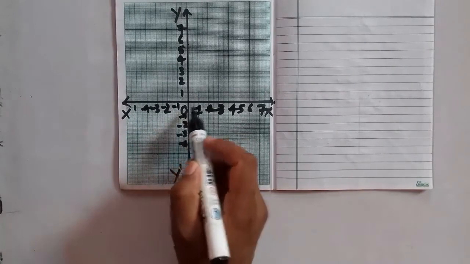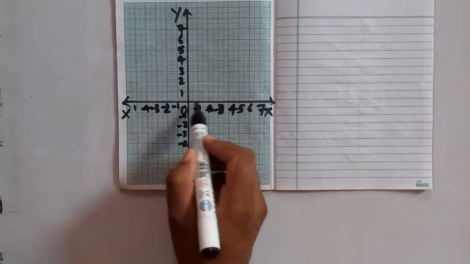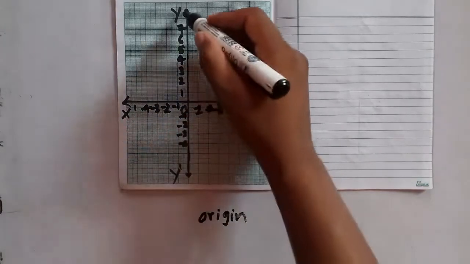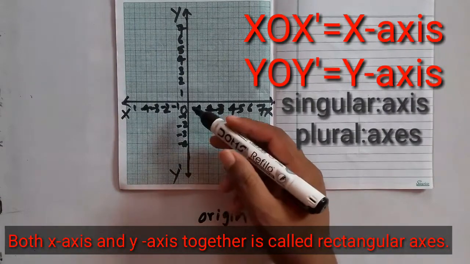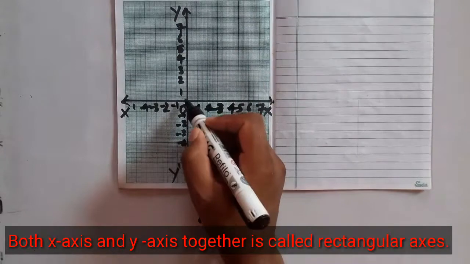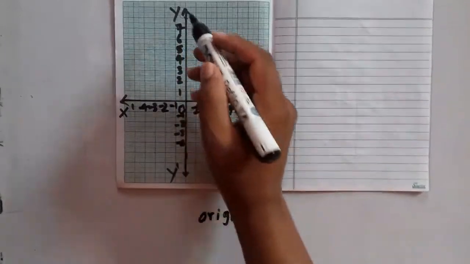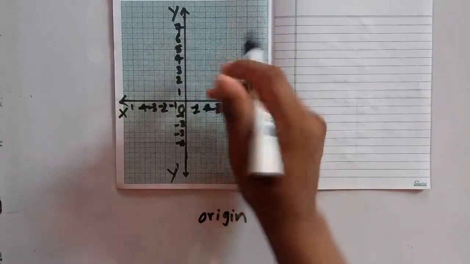This X, O, X dash is called x-axis. This line is called x-axis, and this line is called y-axis. And this X, O, Y part is called first quadrant.